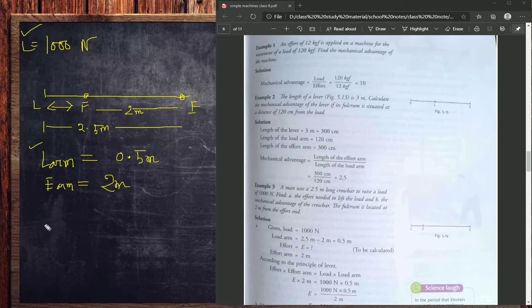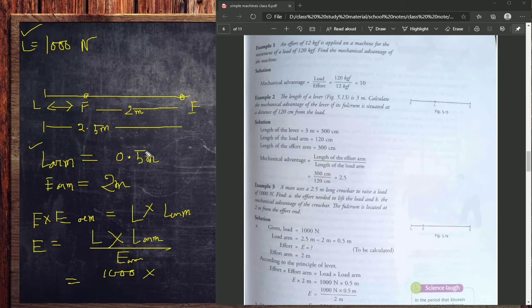And remember or not, I told you in the last class that effort into effort arm should be equal to load into load arm. So if you rearrange this, you will get effort equal to load into load arm divided by effort arm. So finally, as you can see over here, load value is given as 1000.